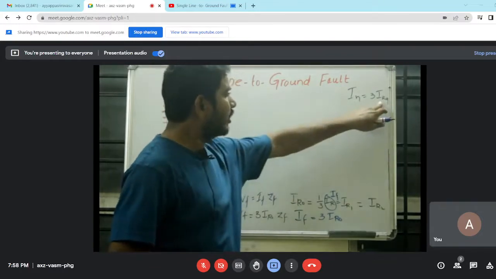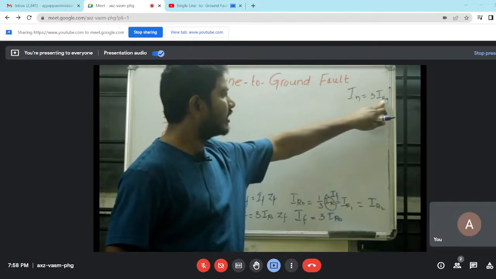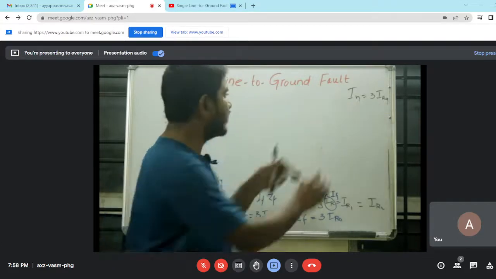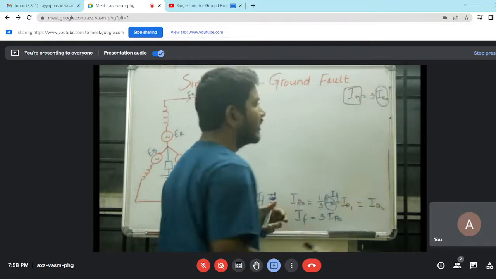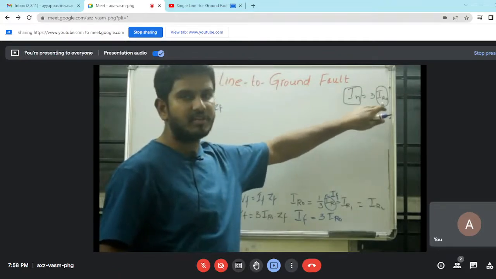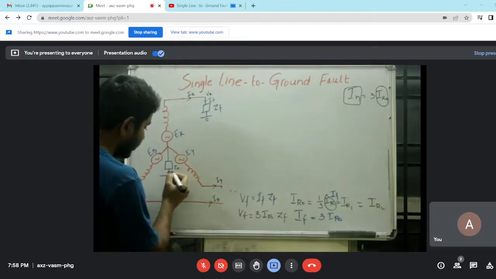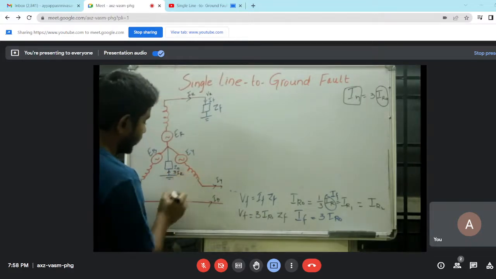That means the neutral current contains only the zero sequence current, and this shows the absence of the positive sequence current and negative sequence current in the neutral. In the neutral the current flowing will be 3 times IR0.